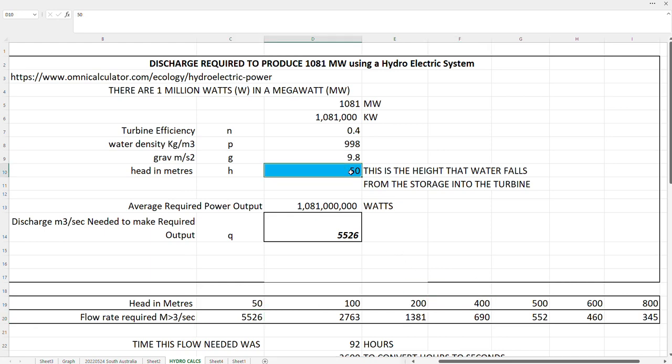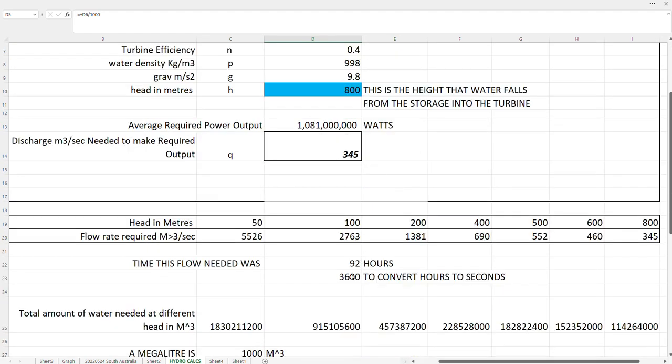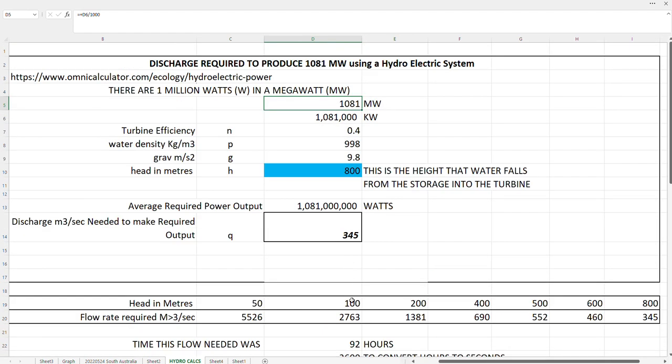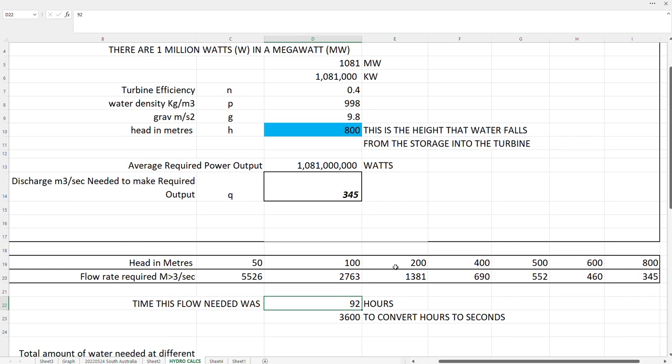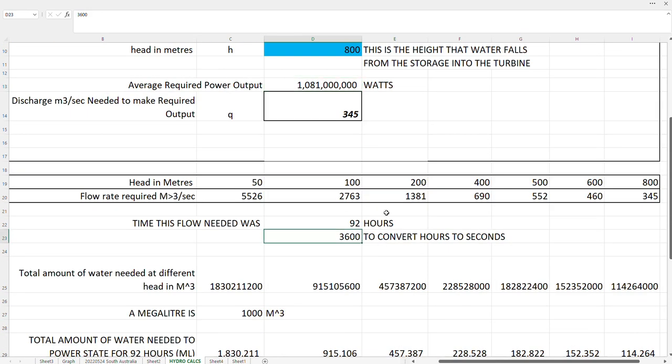And then if the fall of the water's 400 metres, you need 690, and then if the fall of the water's 800 metres, you need 345 metres cubed per second to generate 1,081 megawatts. But of course we don't need that for 1 second, we need that for 92 hours. So to convert seconds to hours, you've got to convert by 3,600.